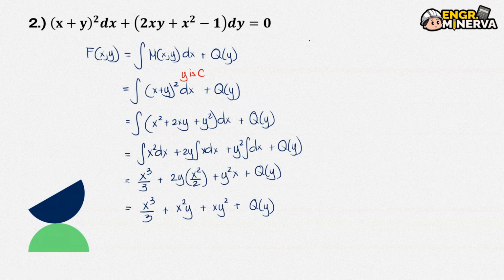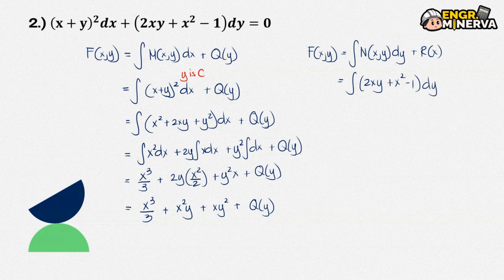Okay, next for our N, that would be the integral of N as a function of x and y dy plus a function of x. So our N here is 2xy plus x squared minus 1 dy plus a function of x. Since we are integrating with respect to y, x is constant, so we could factor it out from our integral.